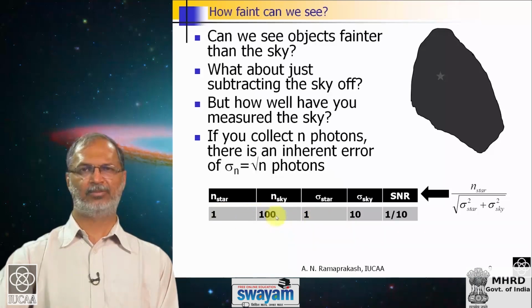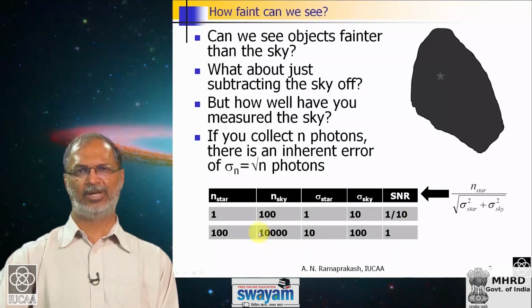Uncertainty in measurement of the sky is 10, because it is the square root of 100. So, the total noise is roughly 10, because if you put 1 and 10 in this formula, it is roughly equal to 10. So, the signal to noise ratio is 1 by 10. Clearly the signal to noise ratio is much less than 1, and you will not be able to see that there is a star in that direction.